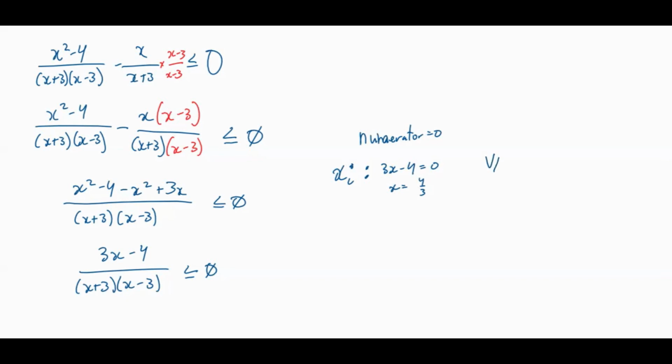What about vertical asymptotes? That's when the denominator equals 0. So that's when x plus 3 is 0 or x minus 3 is 0. So x equals plus and minus 3. And this is what I mean by if you messed up and had the wrong numerator, it can drastically change how easy or hard the next part is.